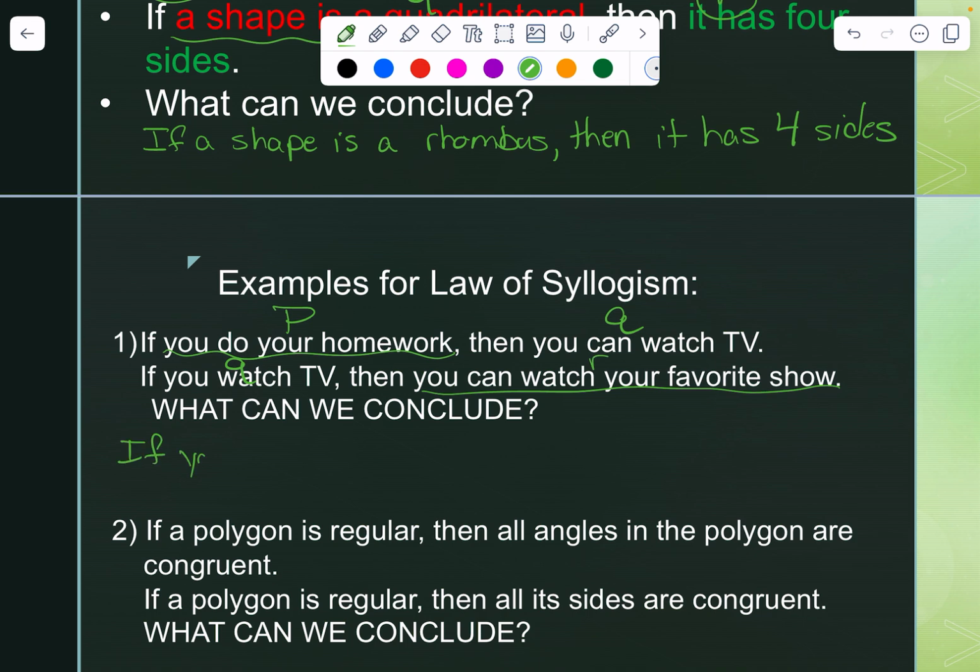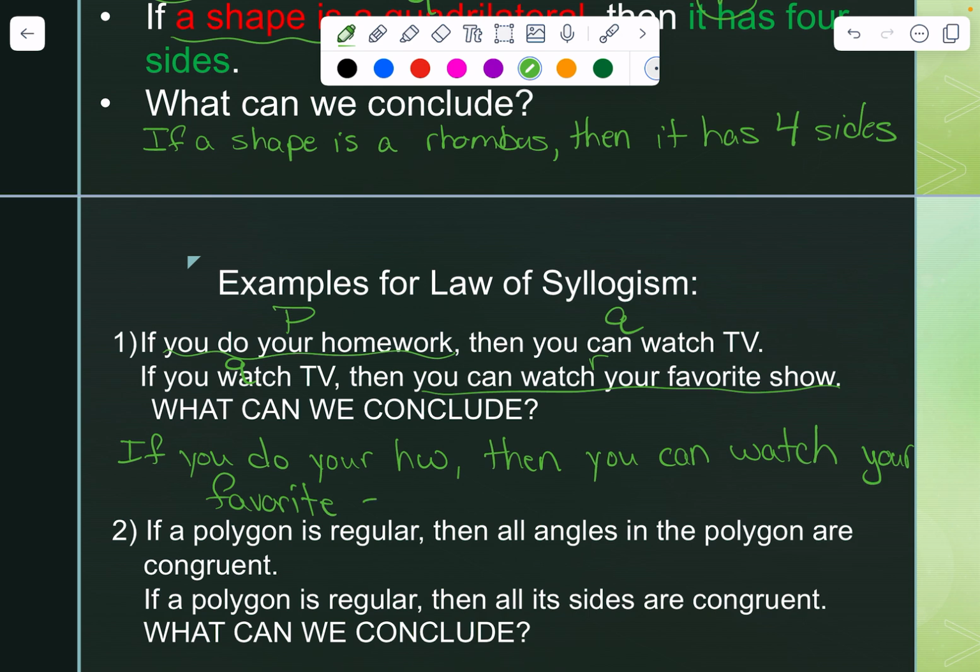If you do your homework, then you can watch your favorite show. So using the law of syllogism, that works.